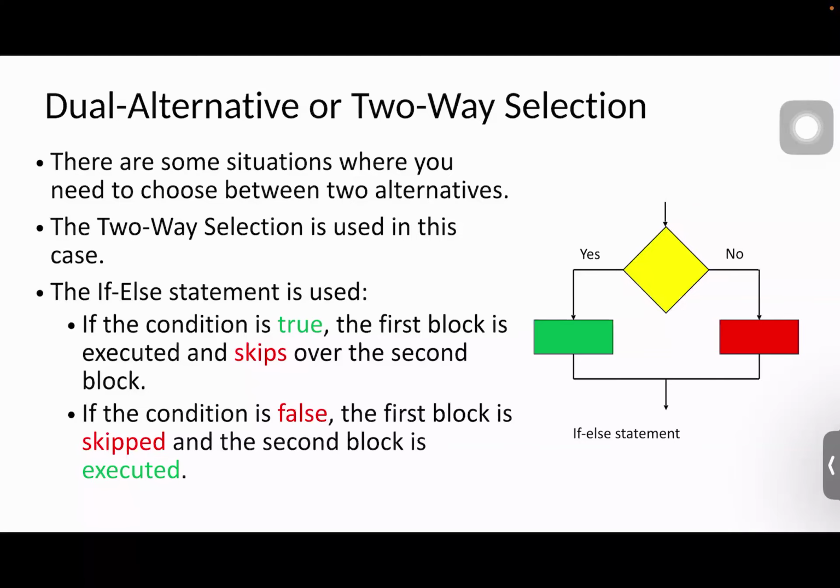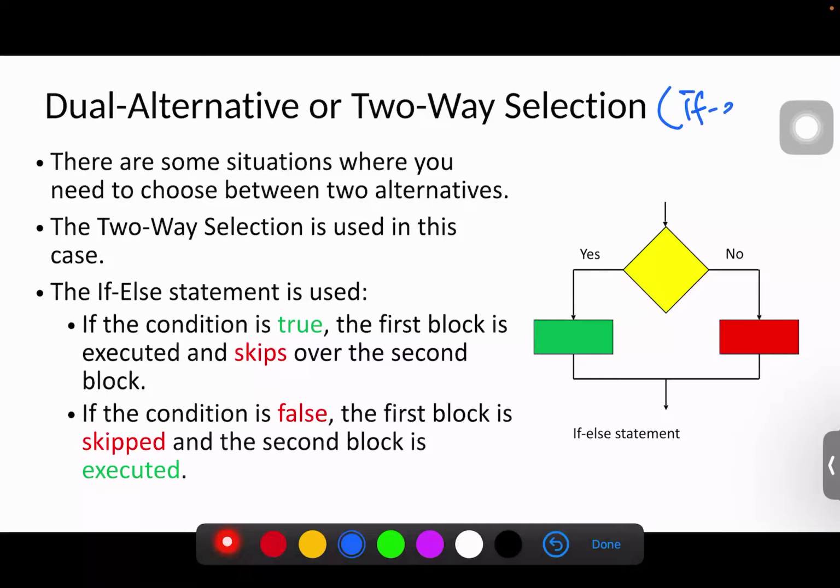It is the situation where we want to do one thing when it is true and another thing when it is false. In that case, you will go in for what we call the two-way selection statement, or the dual. Sometimes we even call it the if-else.